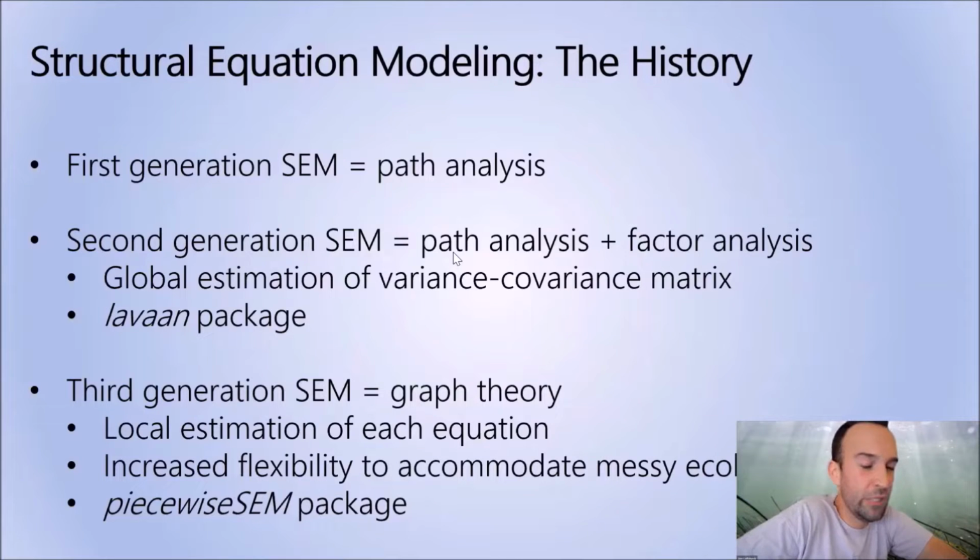And so it's somewhat less elegant in that sense, but it vastly increases the flexibility of the method because every equation can have different assumptions, different error distributions, different fitting functions. And often in ecology, those are the kinds of messy data that we're dealing with. So here, this third generation SEM is far better equipped to accommodate the kinds of data that we're working with.